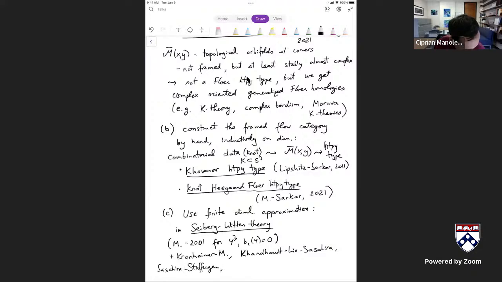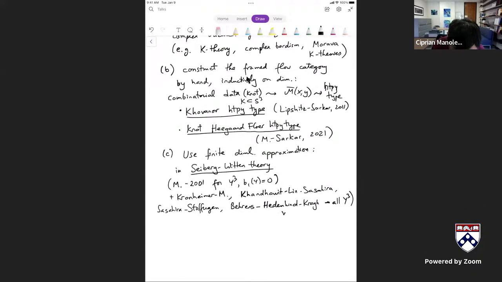And most recently, there's work in progress of Baraglia, Hekmati, and Kraus. And this actually does it for all three-manifolds.